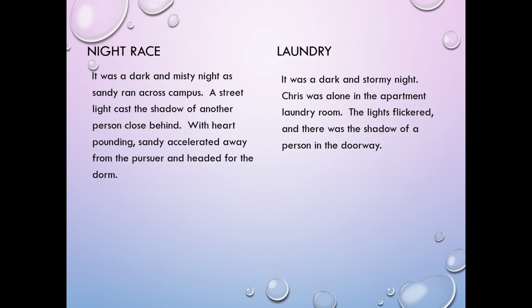A lot of times what you find is that if Sandy or Chris is perceived as female, the story takes a bad guy's going to get you turn. If Sandy or Chris is interpreted as male, it's much more likely that the groups come up with either something funny, where it was just a misunderstanding, or something heroic, where Sandy and or Chris are able to vanquish whatever the scary thing was.